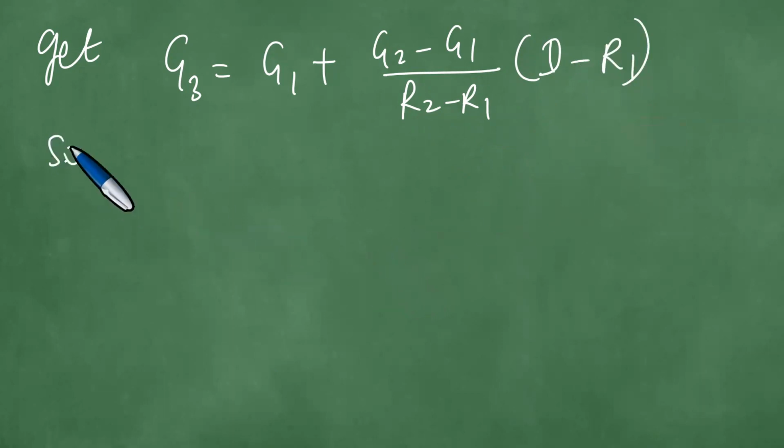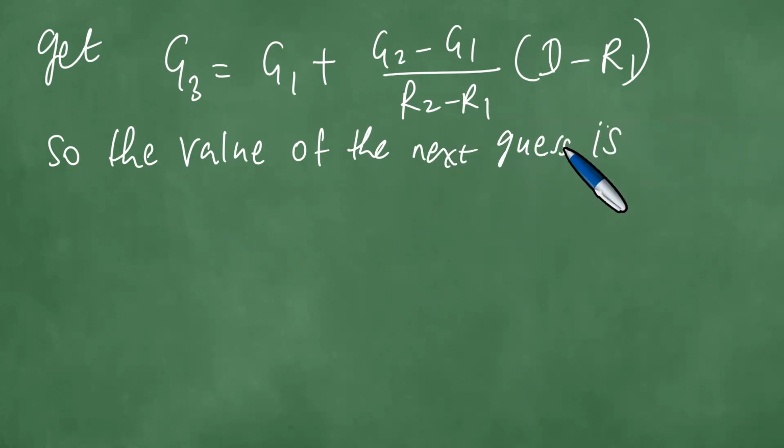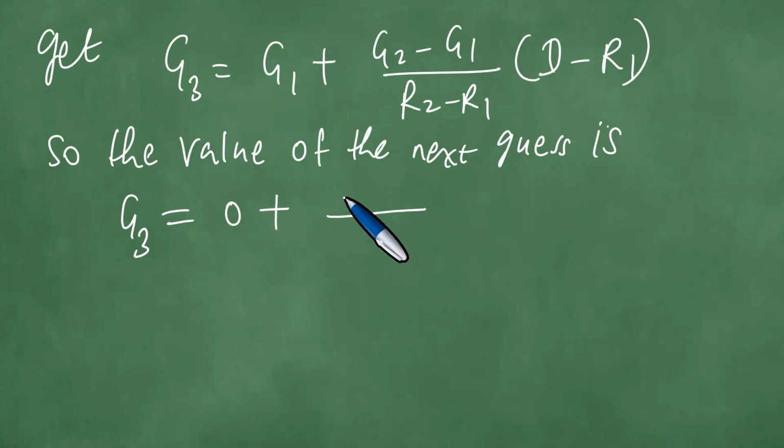So the value of the next guess is, right, we got guess one. Guess one was 0. We guessed 0. Guess number 2 became -1 when guess 1 became 0. R2 became only 1. R1 became 3.